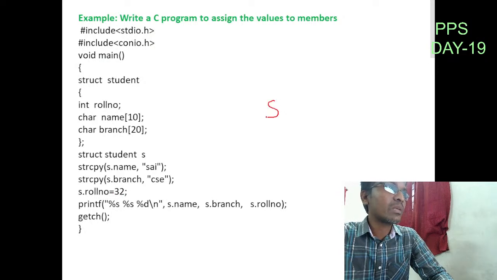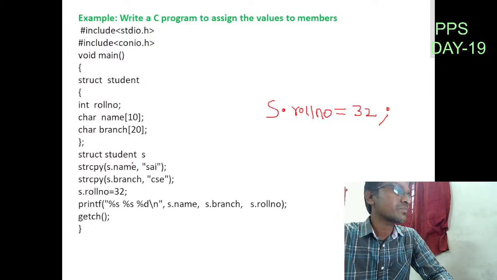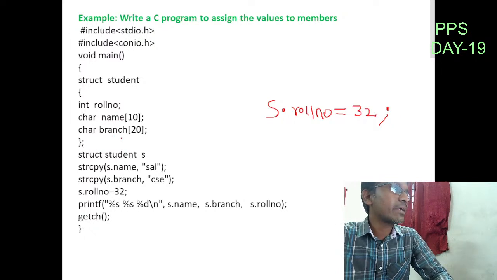With the help of a structure variable followed by the dot operator, we access and initialize the members of the structure. Here I am initializing roll number equal to 32, terminated by a semicolon. Similarly, I am going to assign the name and branch of the student.